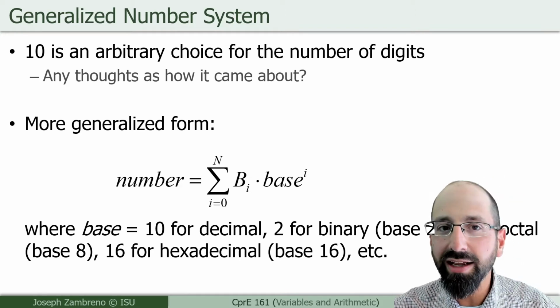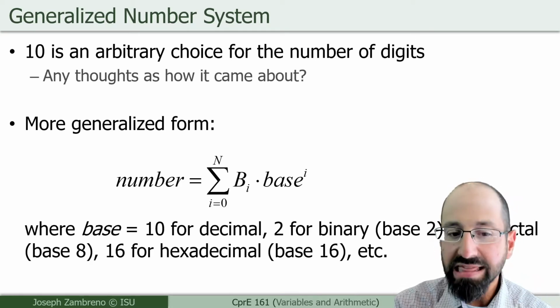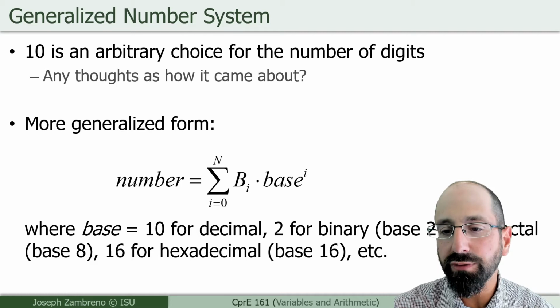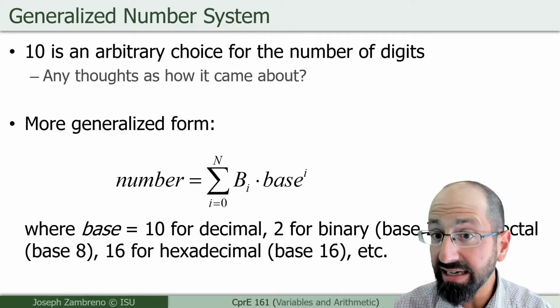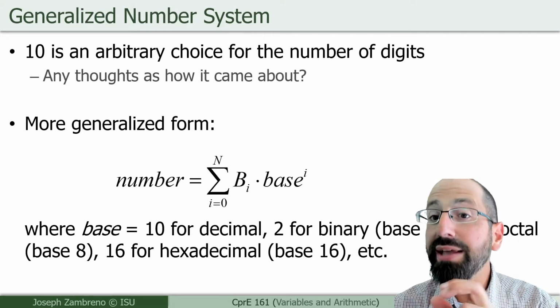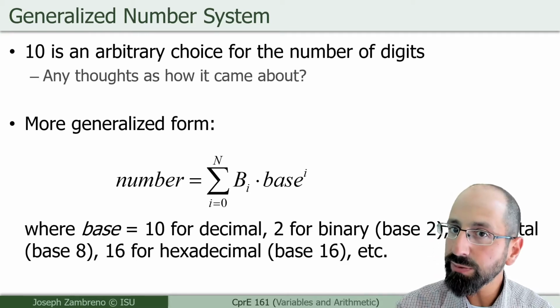I think the takeaway is not that 10 is some magical number, but that we can actually generalize it more. That base does not have to be 10, and we can represent numbers via any arbitrary base. So instead of b sub i times 10 to the i, it's b sub i for the individual digit times base to the power of i, where when the base equals 10, that's our decimal numbers.